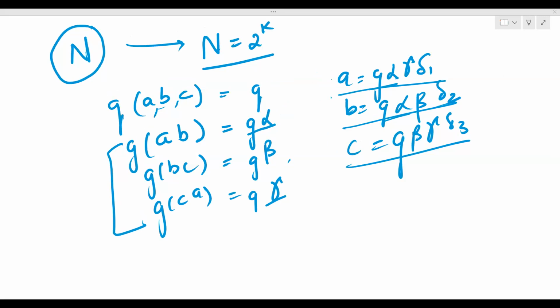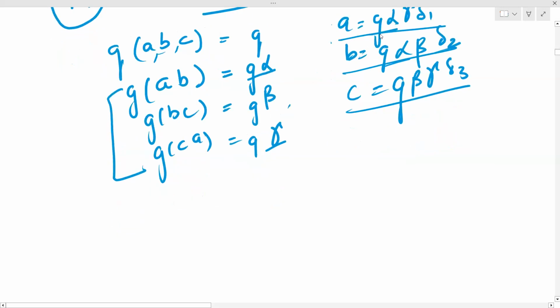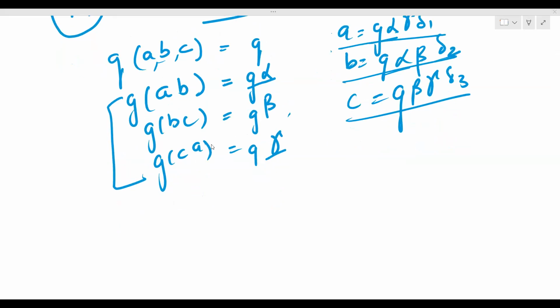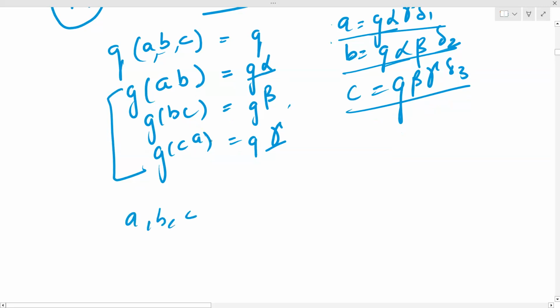Yes. Okay. Now, let's try to find LCM of these three things. What would be the LCM? How can we write LCM? What is LCM? Lowest common multiple, right? So LCM of A, B, and C. What is the lowest common multiple of A, B, and C?